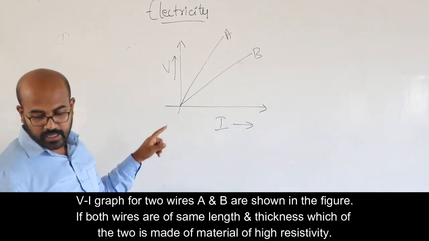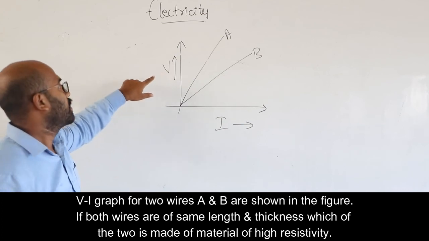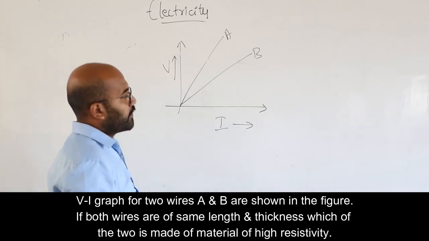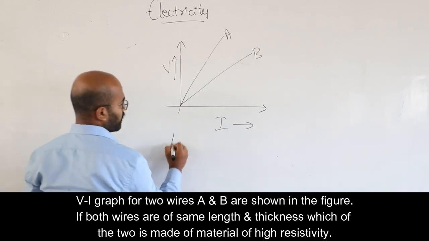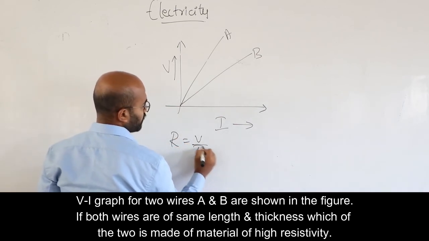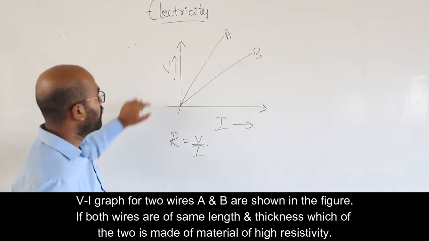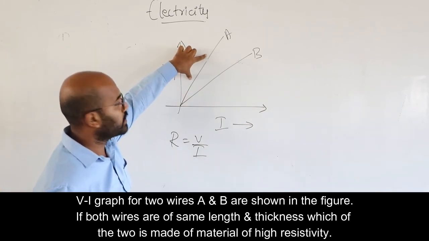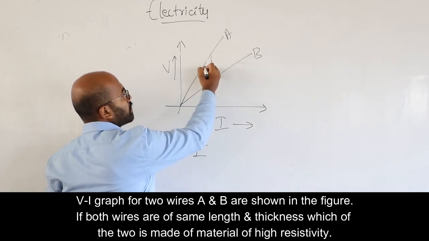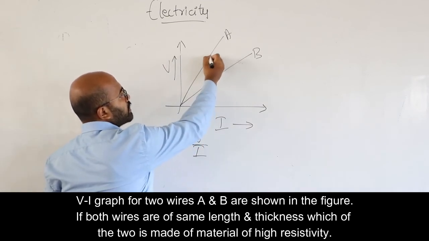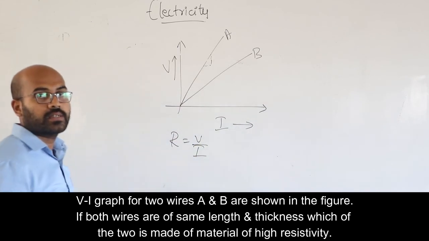So if you take, this is a VI graph. So if you want to find the resistance, so resistance is given by slope, that is V by I. So this is nothing but resistance.